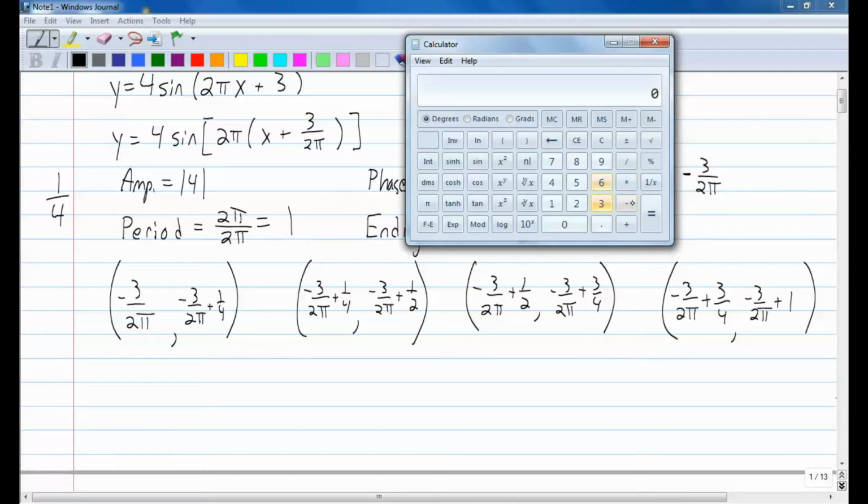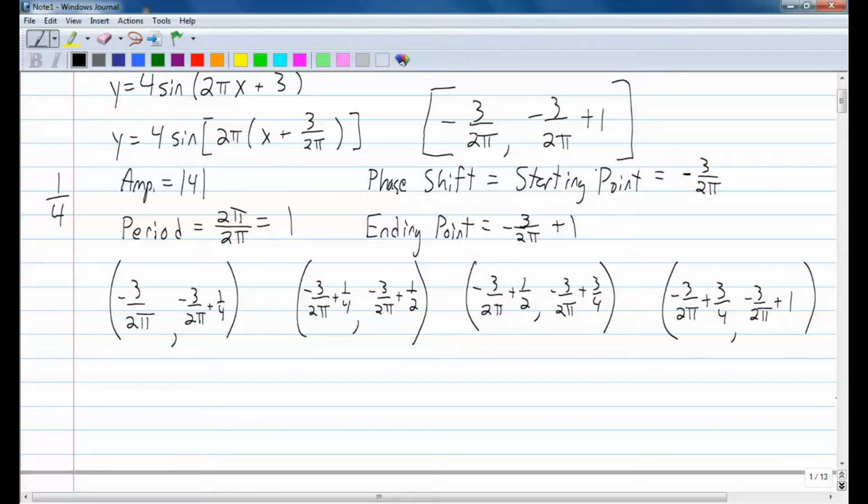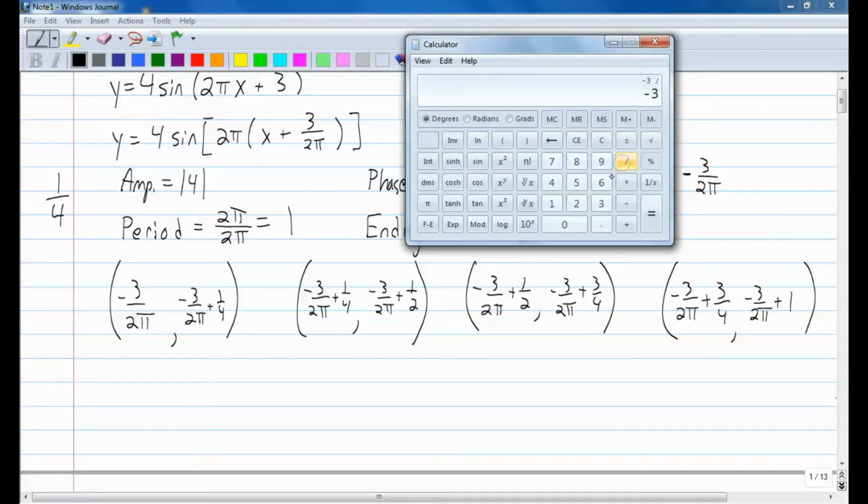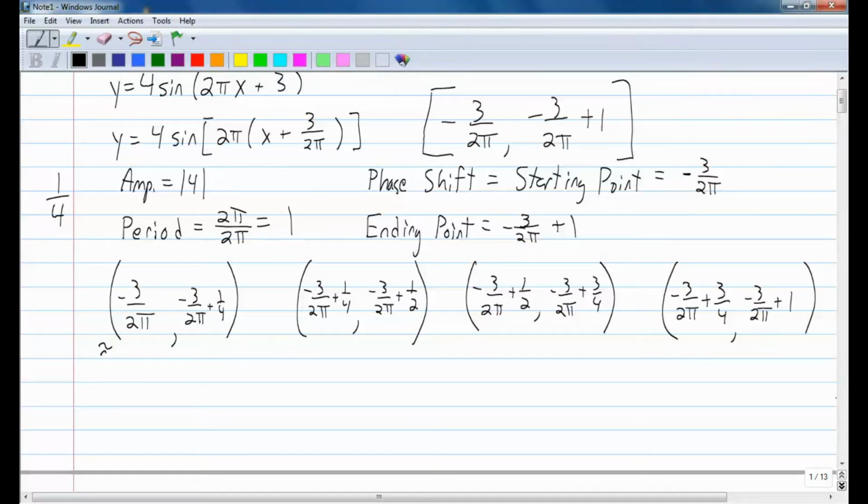So I'm going to say -3 divided by 2 divided by pi. Alright, so this first point is about -0.48. I'm just going to write up, approximation, about -0.48.